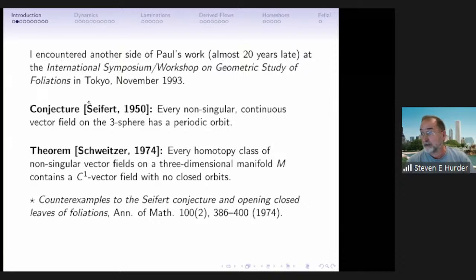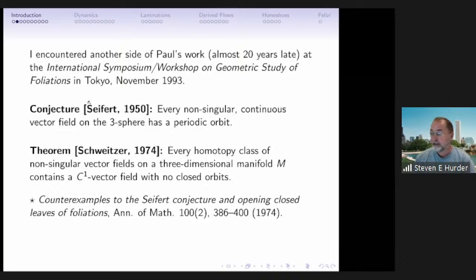In fact, I didn't really run into what Paul is famous for until we were at a seminar in the evening in Tokyo, and they were explaining what Paul had shown in 1974, 20 years earlier, where he constructed a counterexample to the Seifert conjecture, a theorem I'm sure everyone knows.